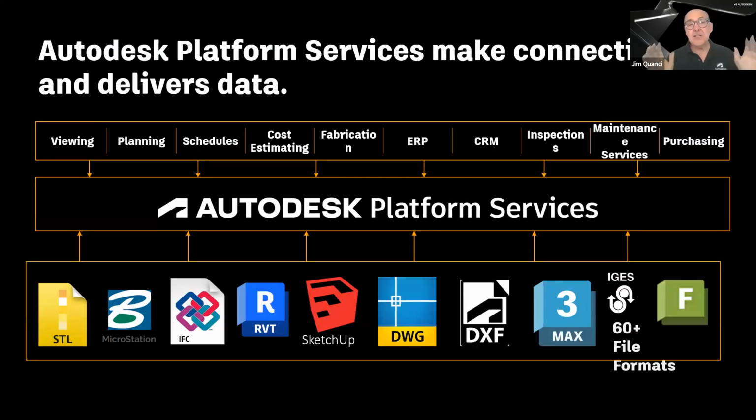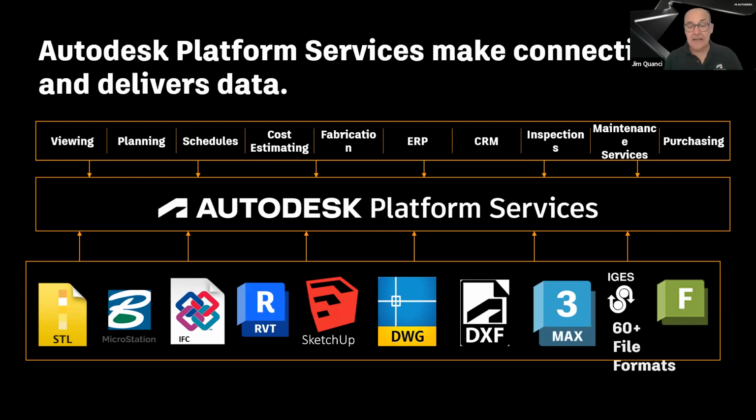Okay, so the very first thing we usually start with, if you're new to APS, which is not many of you, so I'll do this quick, is APS can take data from any number of design and make CAD files. In this case, the examples are mostly on the AEC side. So SketchUp, IFC, MicroStation, of course, Autodesk files, Revit, DWGs, Max, and so on, and allow you to treat it as data.